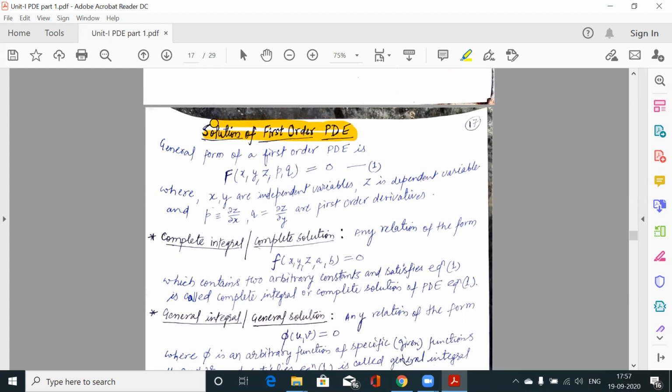One by one, the types of PDEs: first order PDE, higher order PDEs, linear PDE, non-linear PDE. In the coming lectures, we will complete these topics: solution of first order PDE, solution of higher order PDEs, solution of non-linear and linear PDEs.